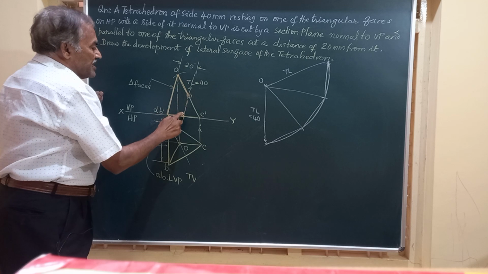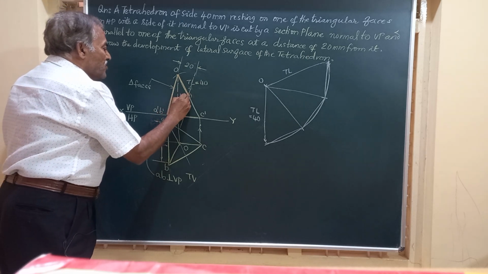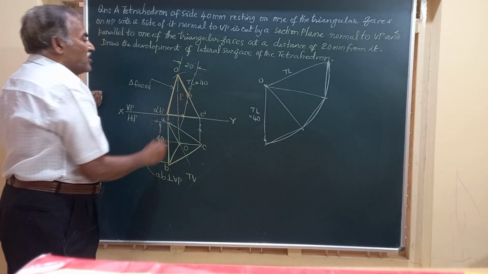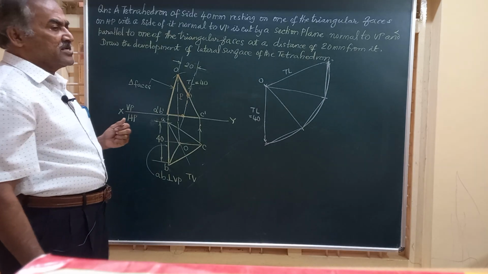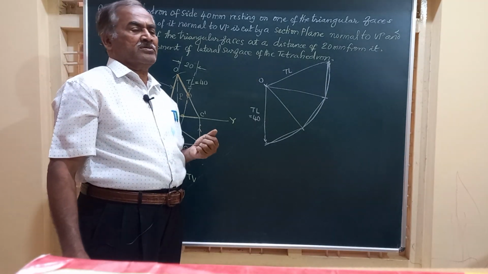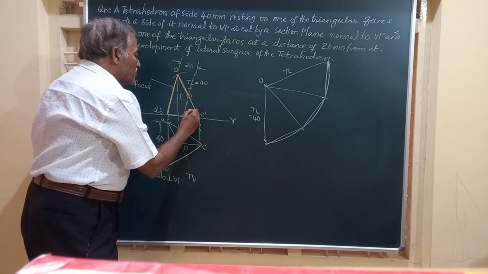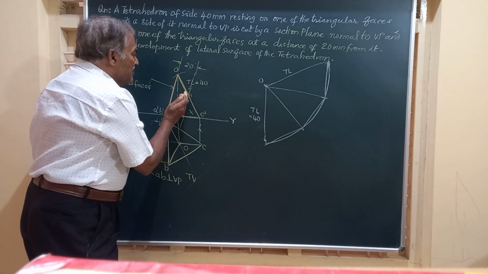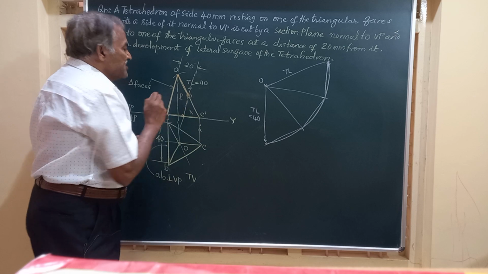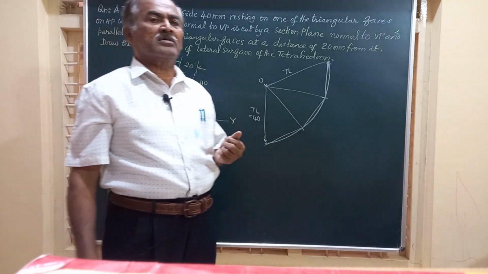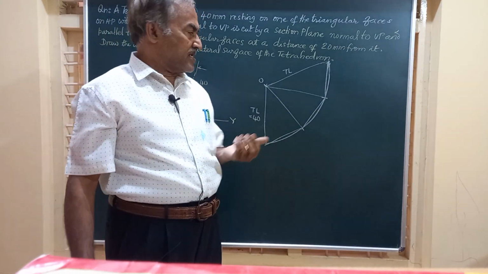So this part I am going to develop. We'll call it P, the part retained for the development purpose. Here we are going to throw away this portion. We draw the development only for this portion shown in visible line or dark line.